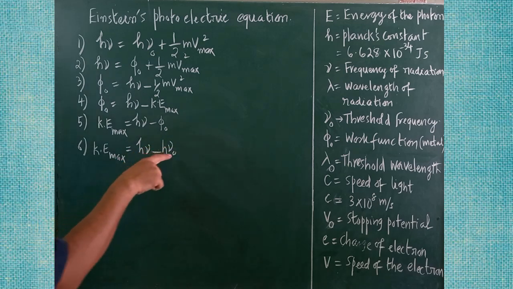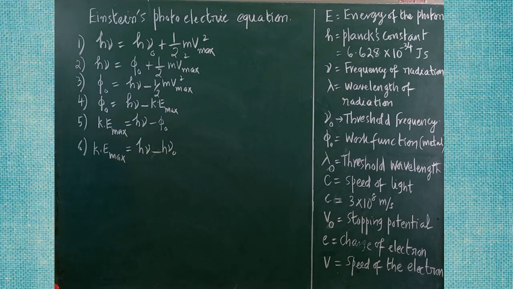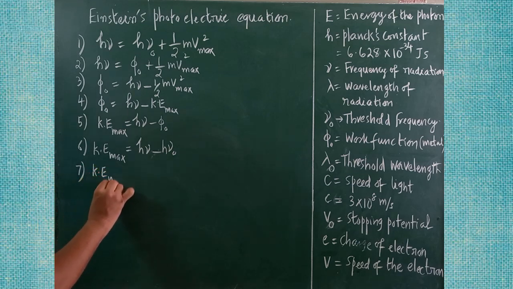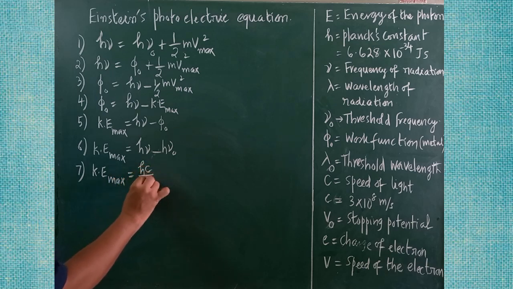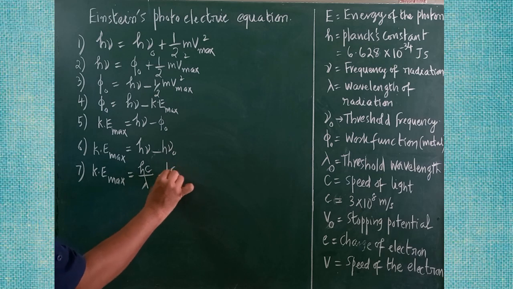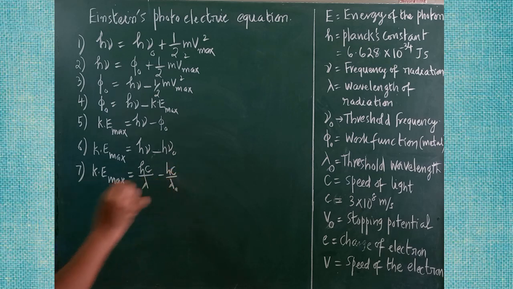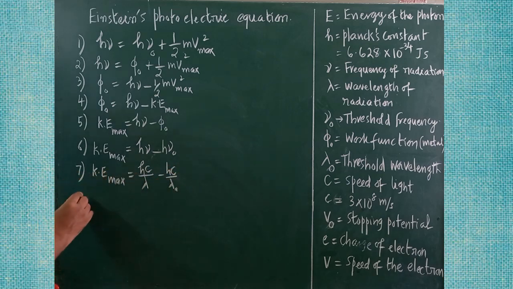Sometimes, is clear, the threshold frequency and the frequency of the incident photon will be given, and we will be asked to calculate the Ke max. Sometimes wavelength will be given, threshold wavelength and the wavelength of the incident photon will be given. By that time the formula must be altered. Are you clear? Ke max is equal to hc divided by lambda minus hc divided by lambda naught must be written, and this one could be simplified.